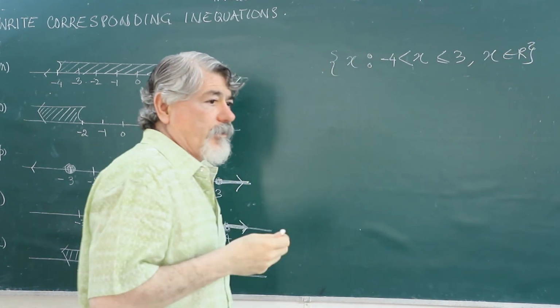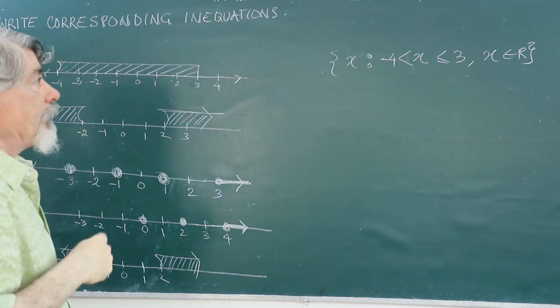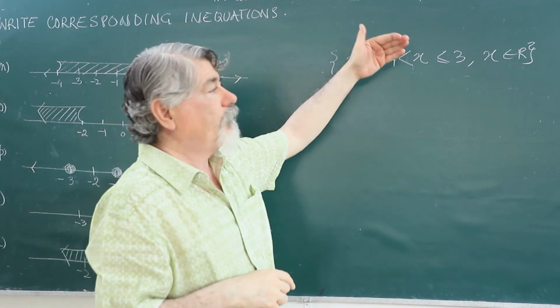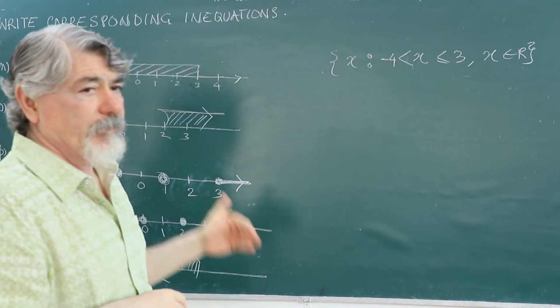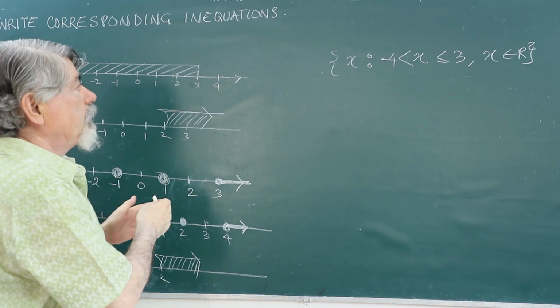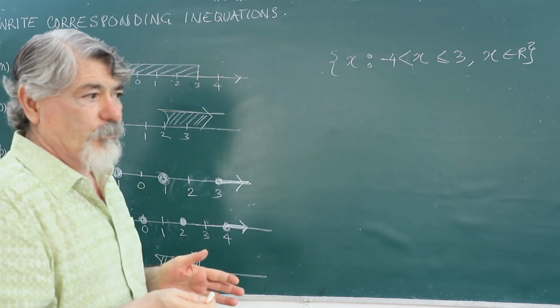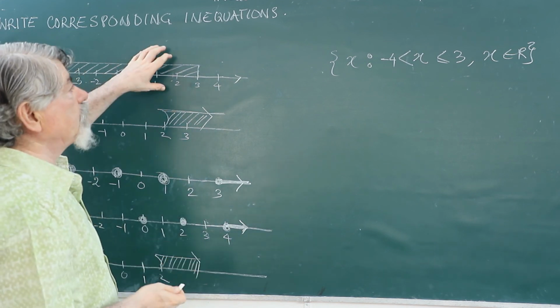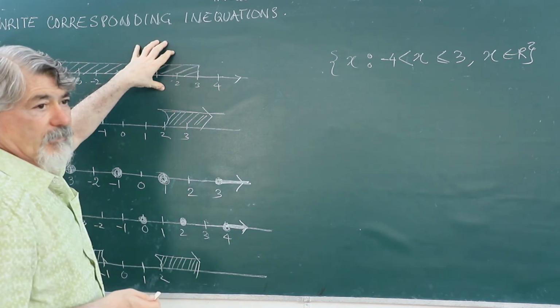It is just the reverse of the questions we were doing. Initially we were given an inequation and plotting it on the number line. Now they have given you the plotting on the number line, and you have to find the inequation corresponding to the given graph.